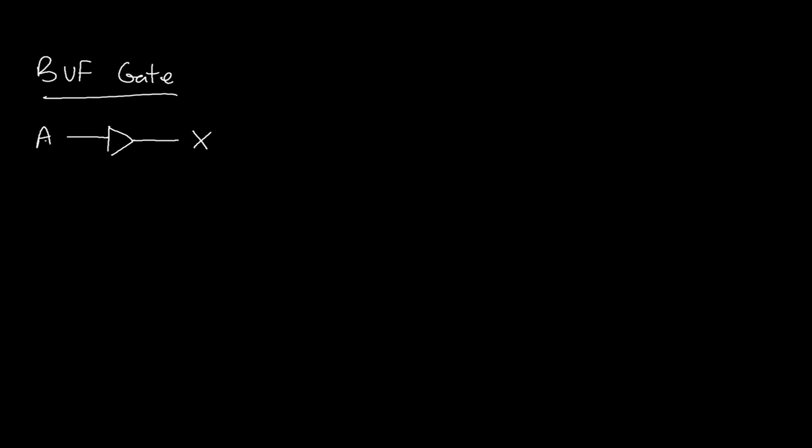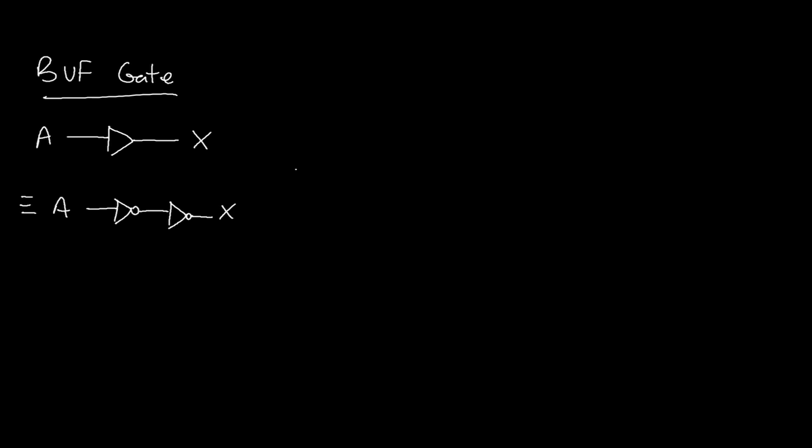So A goes through the buff gate, some slight amplification and signal strengthening, but effectively X is just what A is. Okay, but it can be presented to many more gates, and a bit of an electrical issue here. It's a very, very handy gate, and you could think of this as being equivalent to A being fed into a NOT gate, and the output of that NOT gate being fed into another NOT gate. When you have NOT NOT, you have the original.